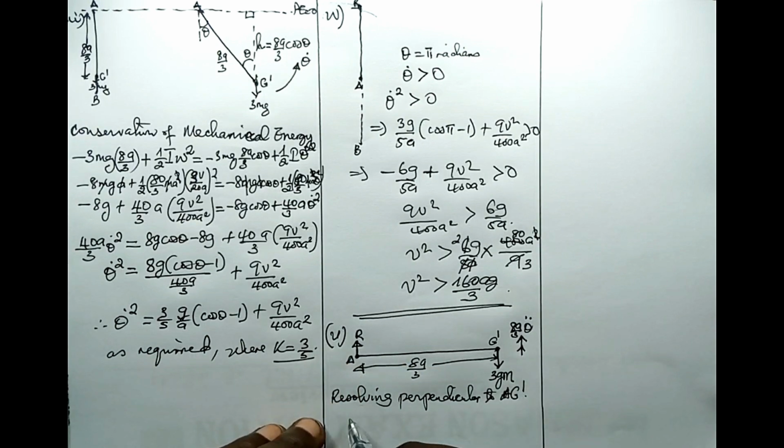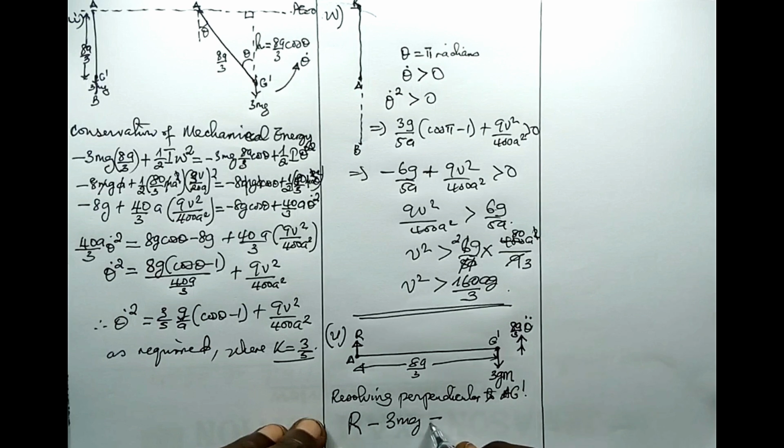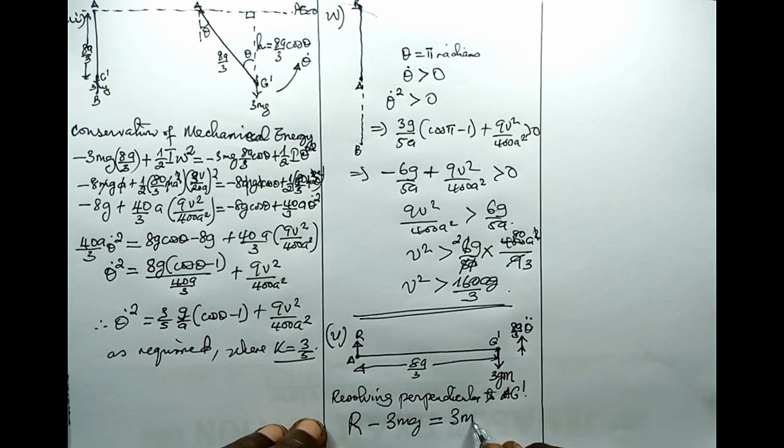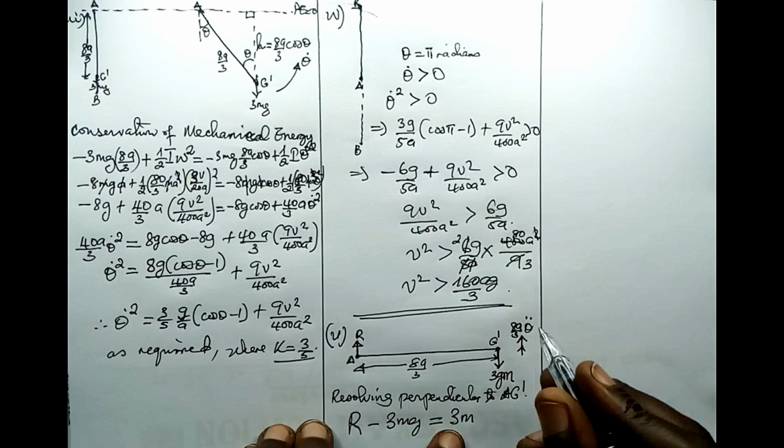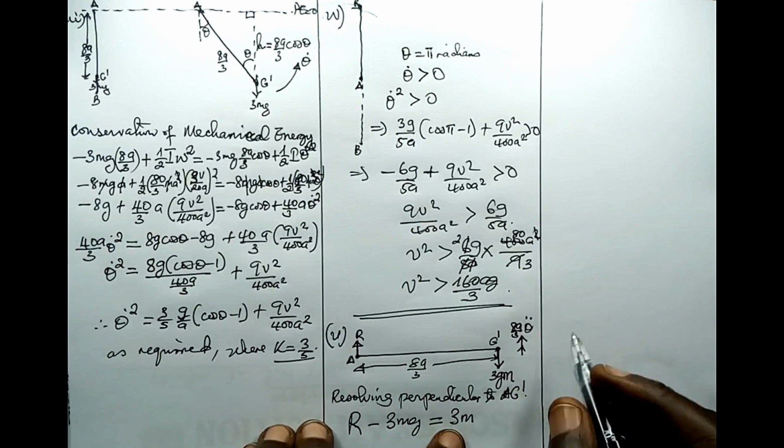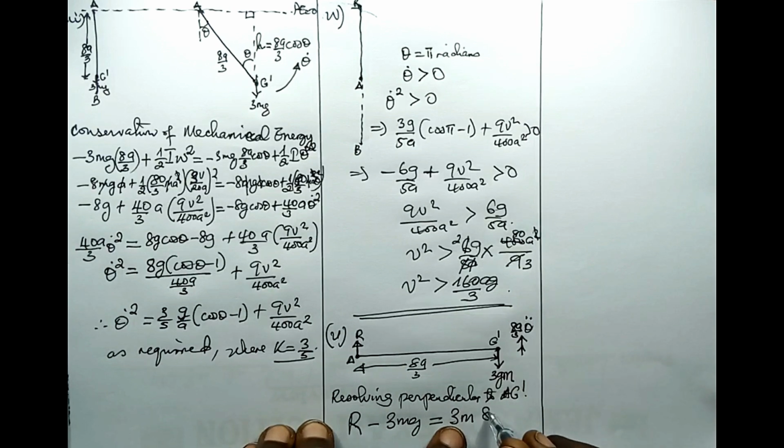So we can be talking of R, Newton's second law, minus 3 mg equals 3m, the mass times the acceleration in the vertically upward direction, which is 8a over 3 theta dot dot.